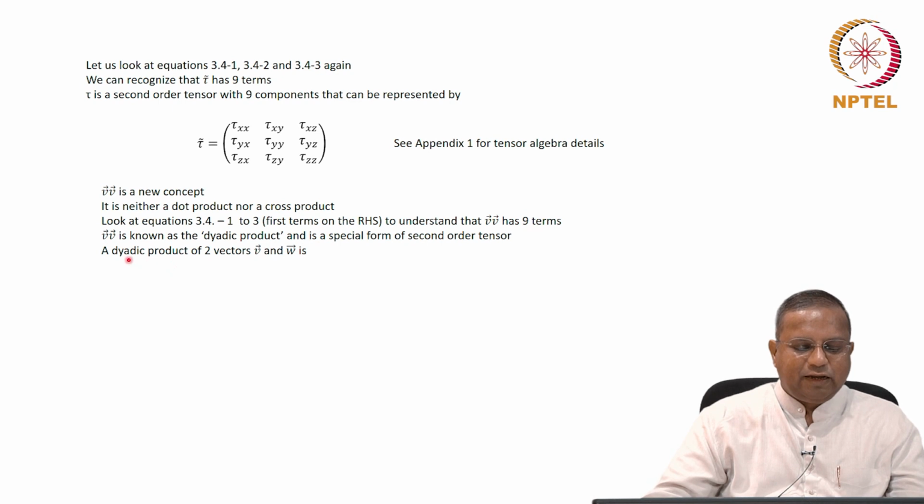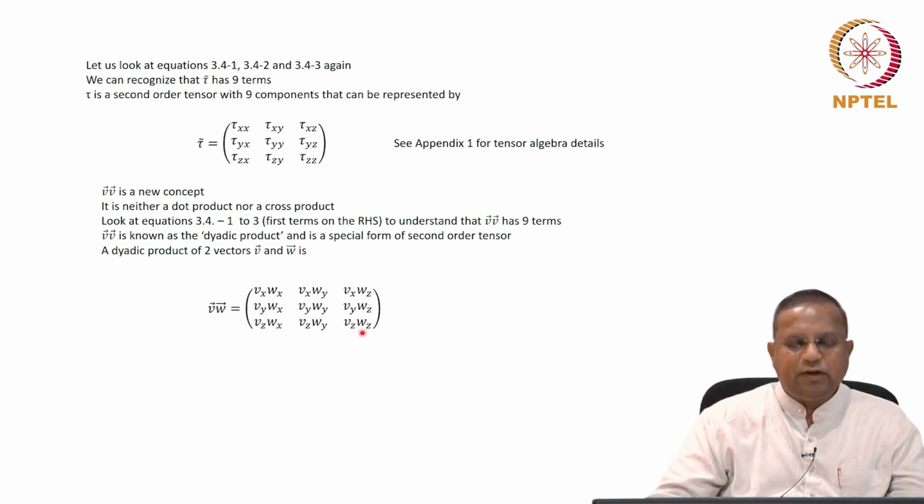For example, consider the dyadic product of 2 vectors V and W, where V is Vx i plus Vy j plus Vz k, and W is Wx i plus Wy j plus Wz k. Then VW, the dyadic product, is nothing but the 9 terms VxWx, VxWy, VxWz, VyWx, VyWy, VyWz, VzWx, VzWy, VzWz.